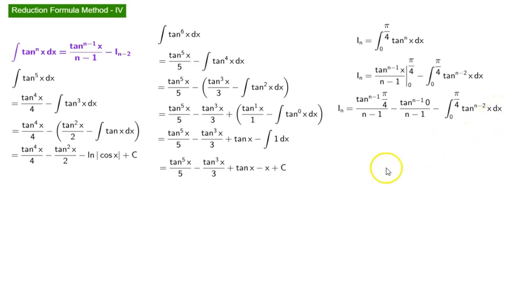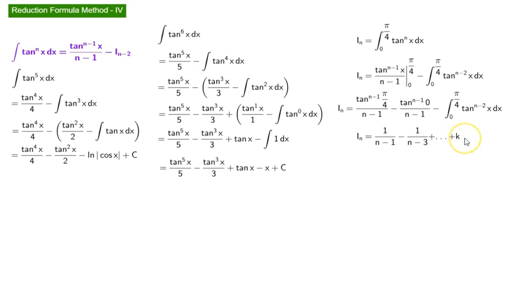Now here tan 0 is 0. So this term disappears. Tan to the power of n minus 1 of pi by 4, or if we just look at tan pi by 4, we know it is 1. So anything to the power of 1 is 1. So 1 by n minus 1. This disappears, minus, as we keep repeating it, we get 1 by n minus 3 plus.